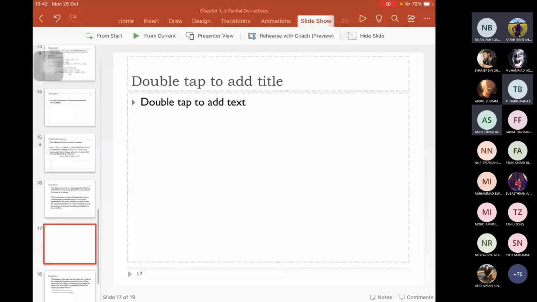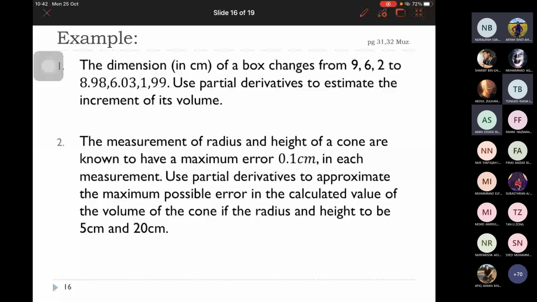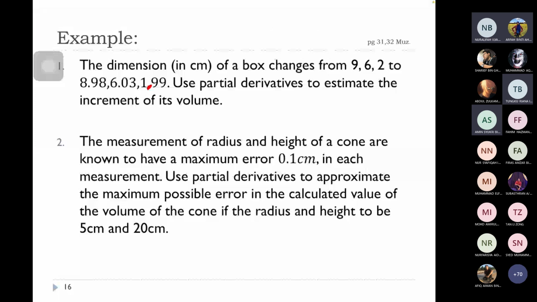Okay. So soalan pertama dia kata the dimension of a box. Satu kotak berubah daripada 9, 6, 2. So you have a box that will be having something like this in shape. Okay. And you are going to have X, Y, and Z. Okay.